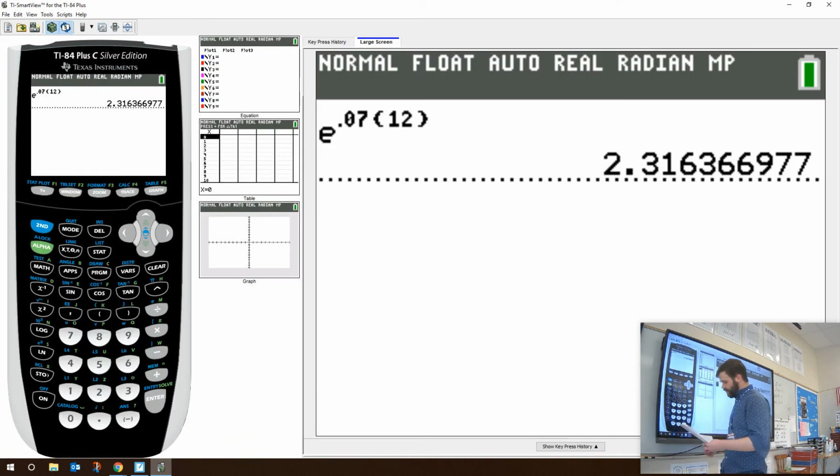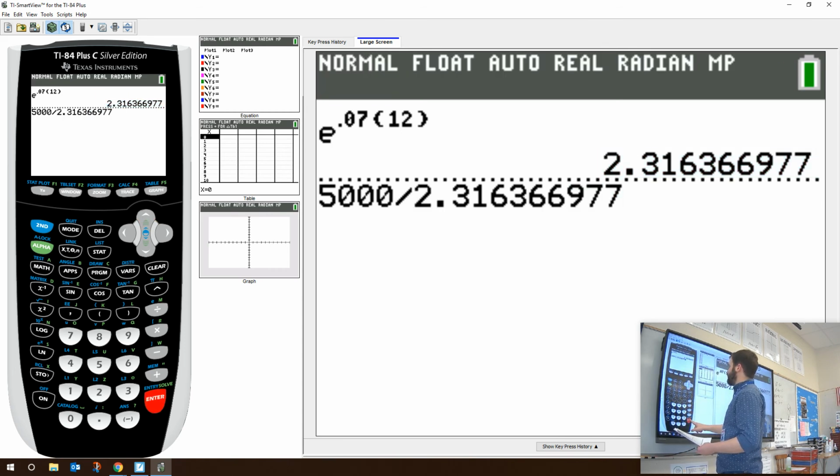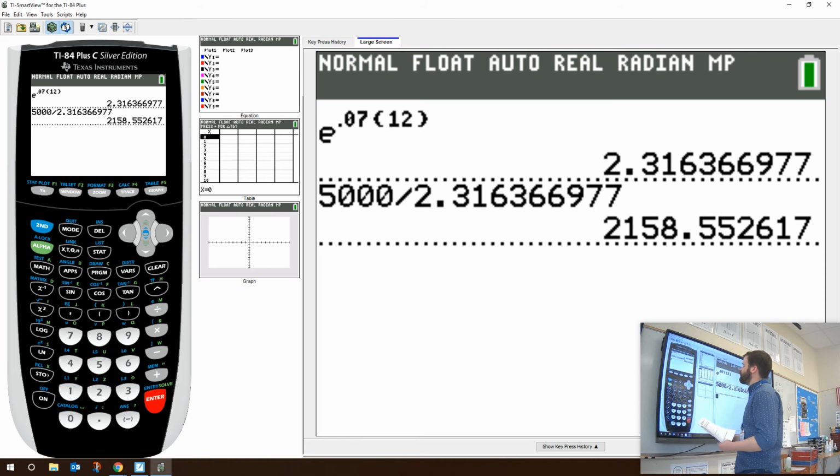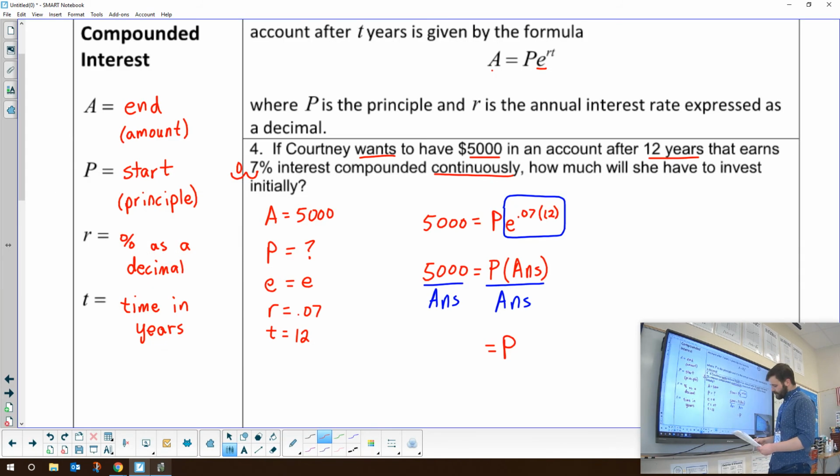I'm going to go 5,000 divided by, and we just click up, hit enter to grab that last answer, hit enter again, and we get $2,158.55. That's how much I initially need to invest to be able to have $5,000 in 12 years. So let's write that out here.